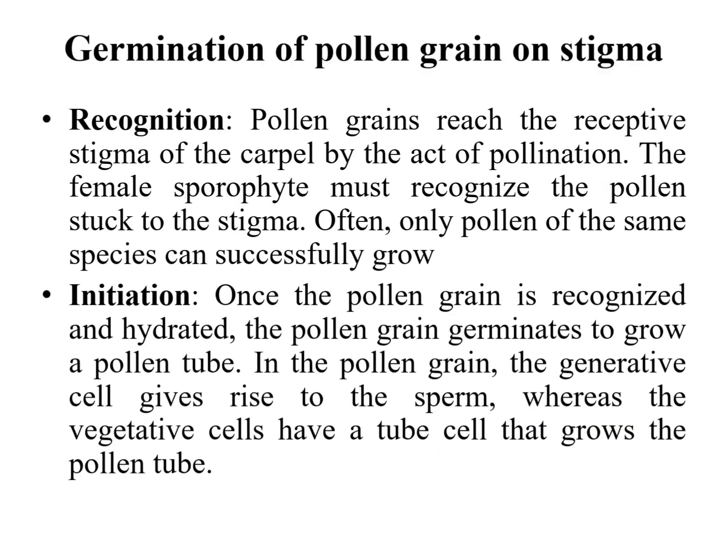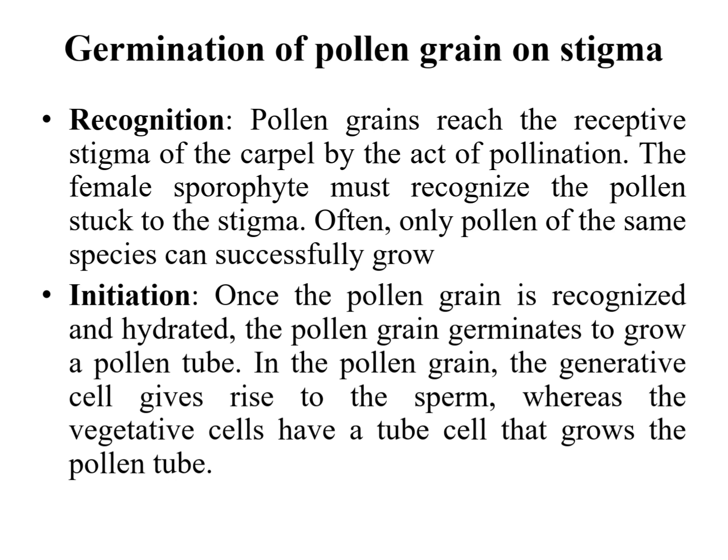Next, germination of pollen. At first, the stigma will recognize the pollen grain. Only a compatible pollen grain reaching the stigma will be recognized, and then it will germinate. So at first, recognition: the pollen grain reaches the receptive stigma of the carpel by the act of pollination. The female sporophyte must recognize the pollen stuck to the stigma.